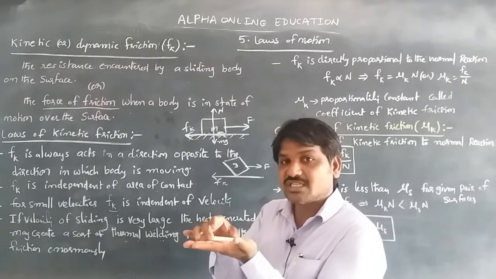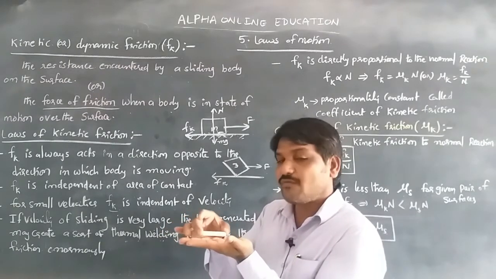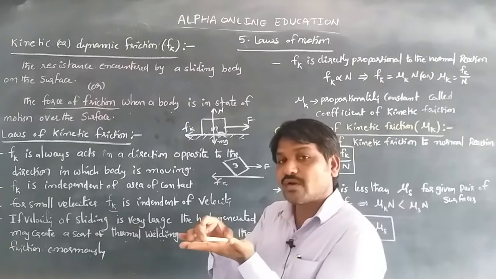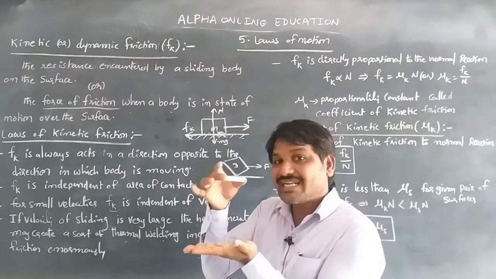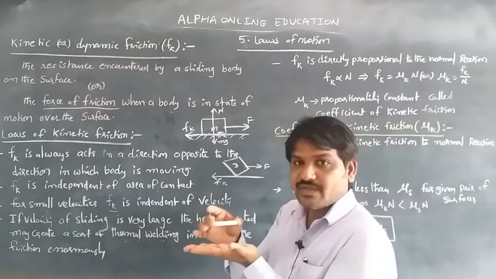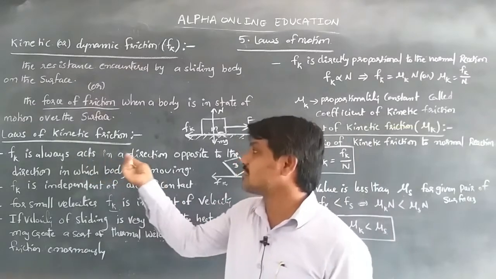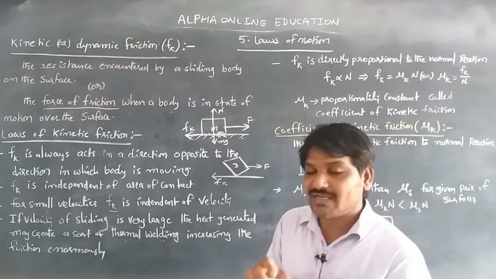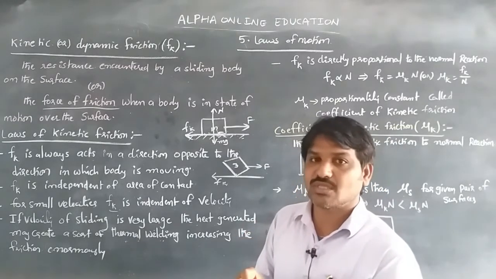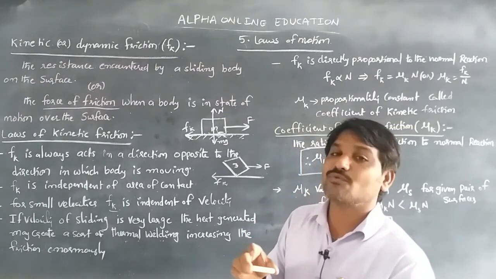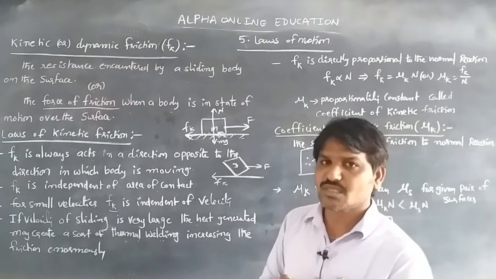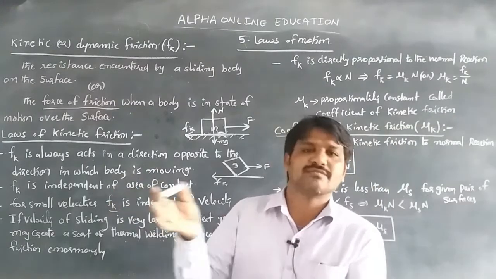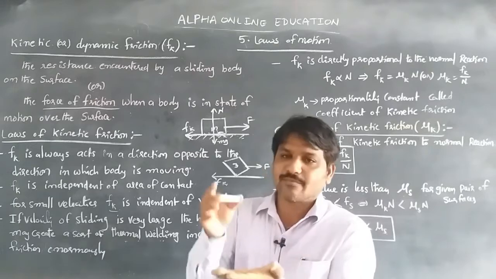That opposing force is the frictional force, and it is overcome by the net external force. So Fk, kinetic friction, or static friction, always acts in the opposite direction to the external force that is acting. If the external force is more, the body will move, otherwise the body will stay at rest.